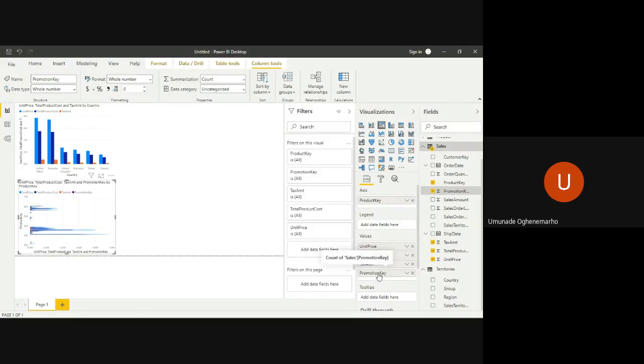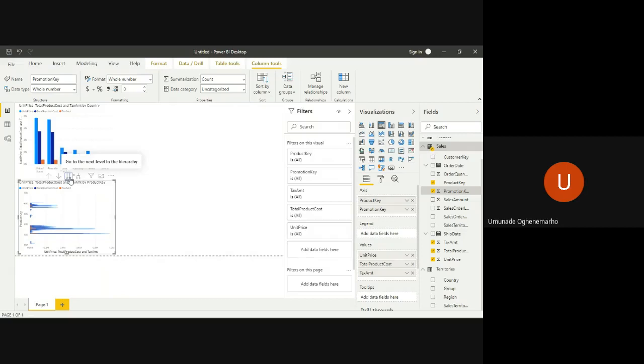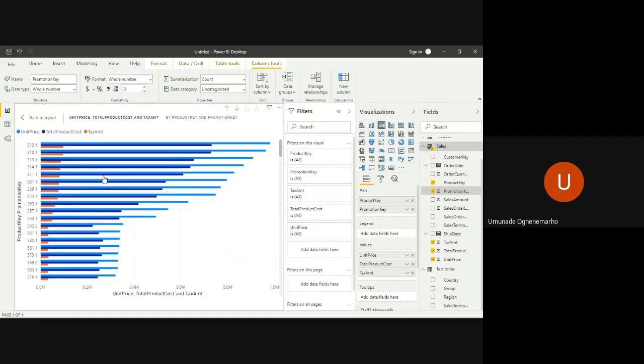Okay, let me put product promotion key in the axis so that you can see that when you have more than one value here in your axis, it automatically turns on drill down for you to go to the next. Now look at this. Here, when we click expand all down one level, the data gets a little messy. Let me put this on focus mode so we can look at it closely.